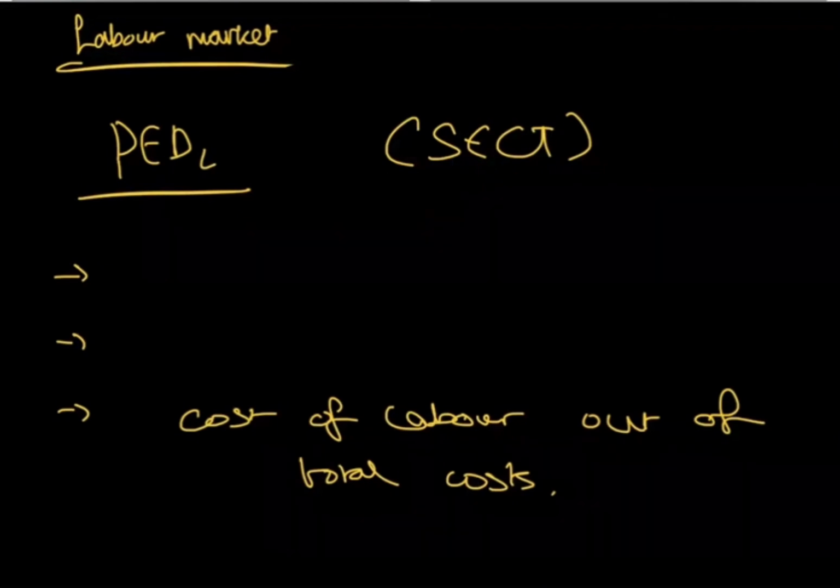And then again, what's the alternative to workers? It's capital. So I gave the example in the pizza shop of wages decreasing, but let's go back to wages increasing. If wages increase for all the chefs, what would I consider doing instead?